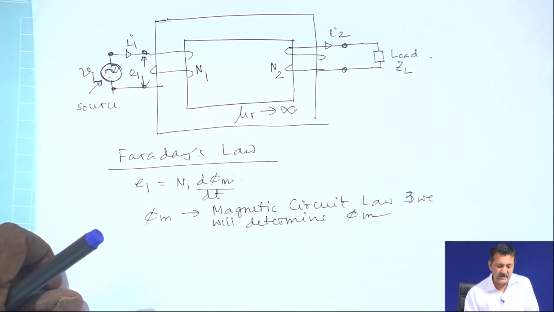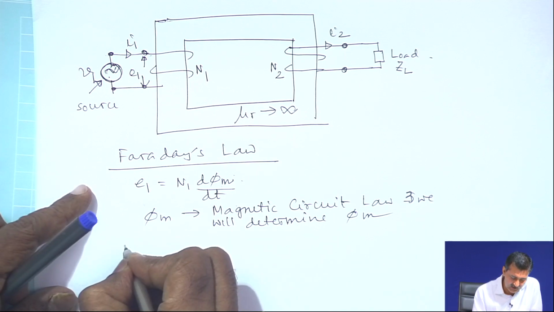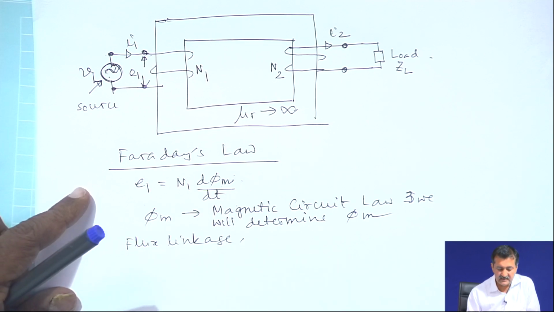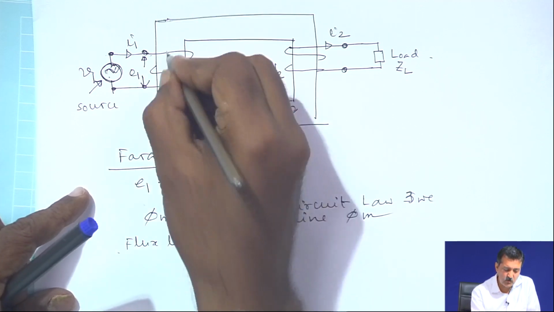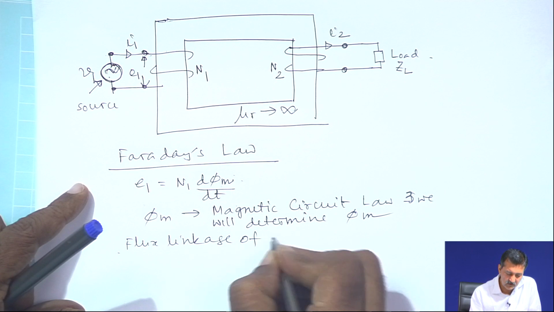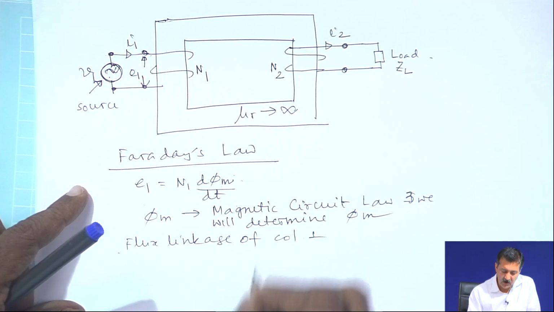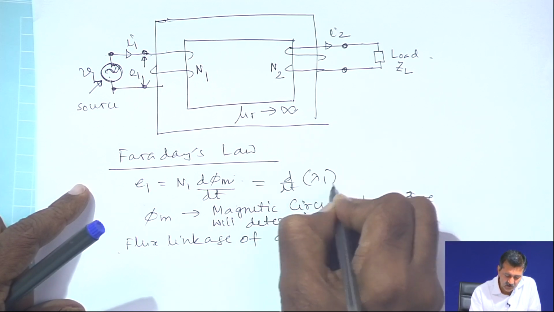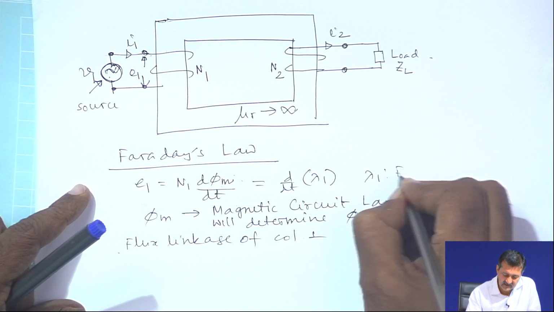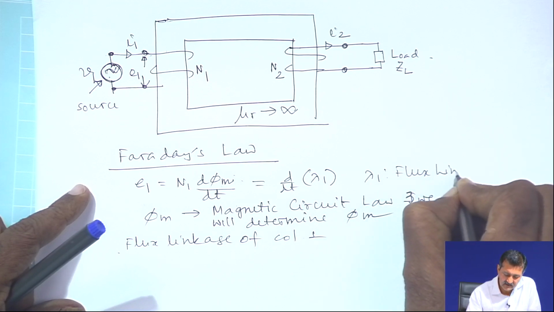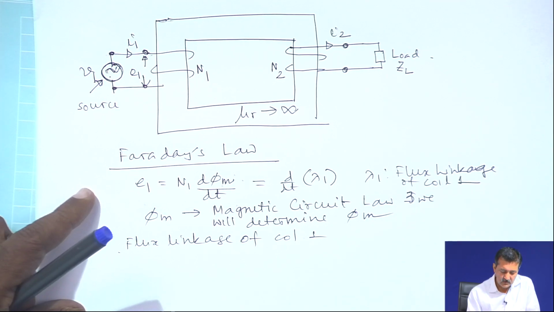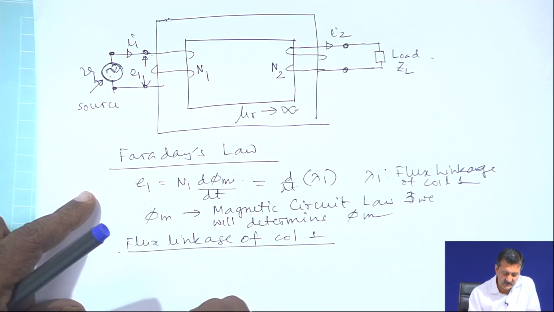This is where the concept of flux linkage comes in. So, what is the flux linkage of this coil? The flux linkage of coil 1, because this equation can also be thought of as d dt of lambda 1. Lambda 1 is called the flux linkage of coil 1. So, what is the flux linkage of coil 1?